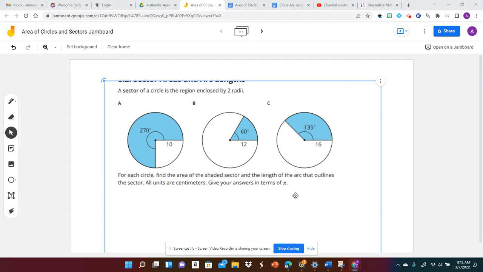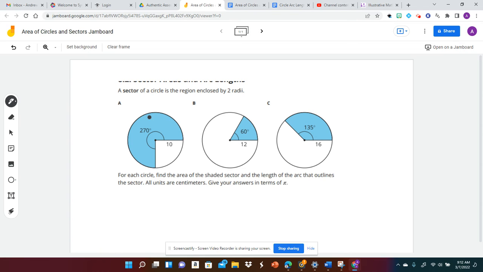All right, so here we're going to find the area of sectors of a circle, or parts of a circle. If you notice for part A, we have a circle where the radius is 10, but we're doing 270 degrees of that.